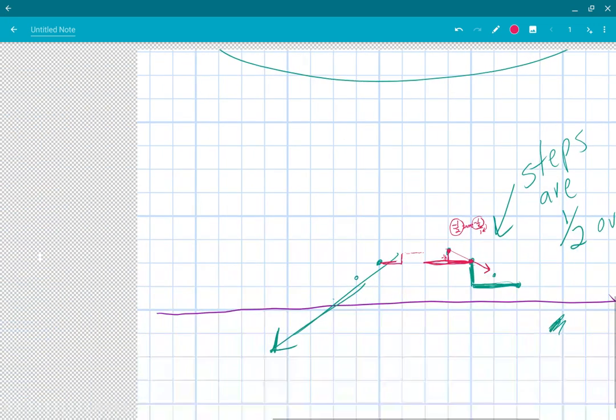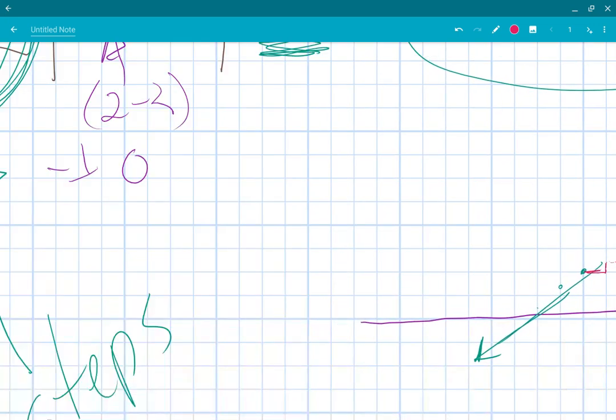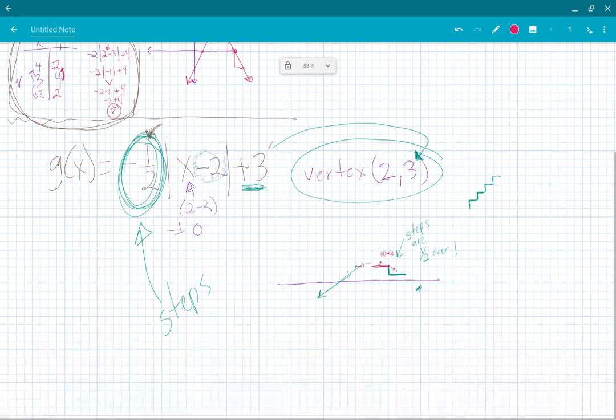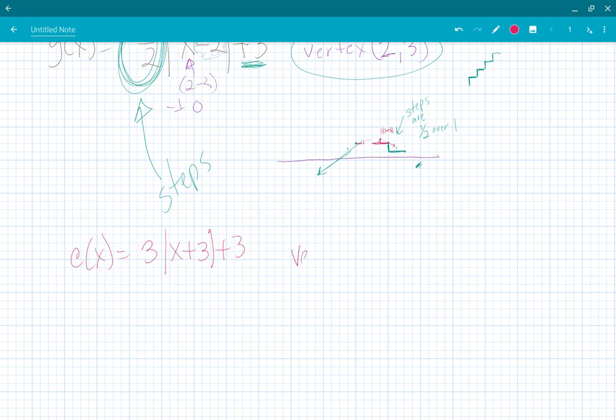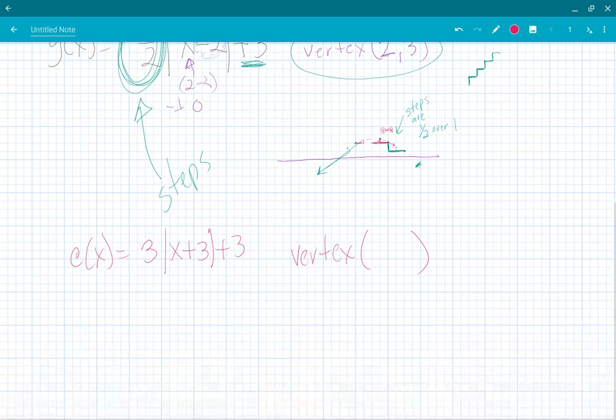And this time we're not going to graph it. We're just going to look at it and know what's what. Okay. All right. Here is C for Claudia. x equals 3 absolute value of x plus 3, plus 3. All right, guys. What's the vertex? -3.